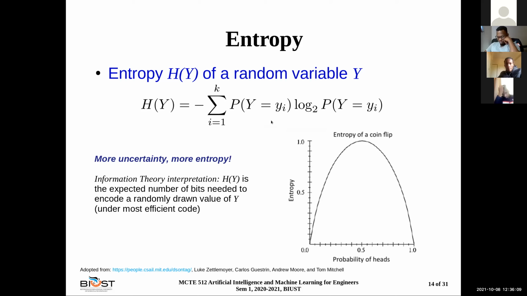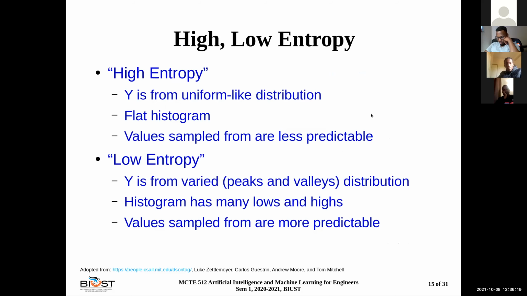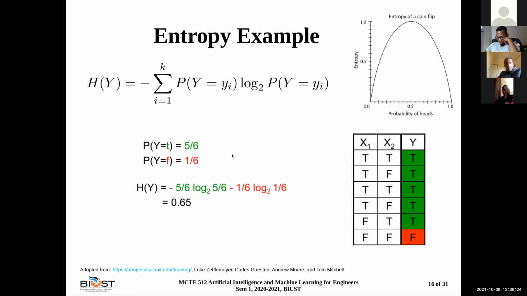So now, how do we compute this? What is your Y and what is your yi? Y is the output. This is the entropy plot that we discussed in the previous slide, and this is the coin flip table, head and tail. So this is the data that's given to us.